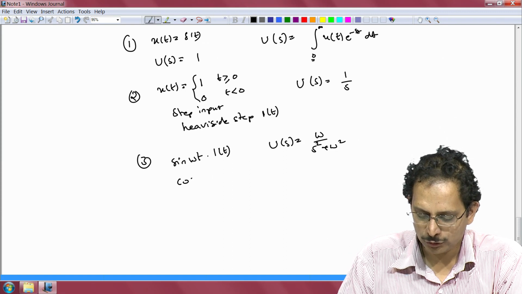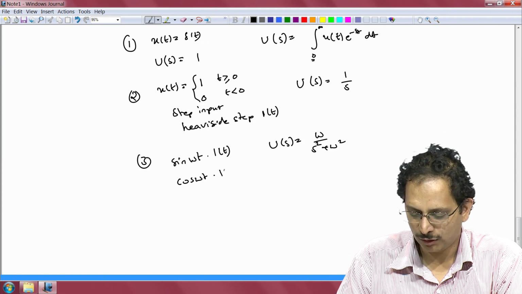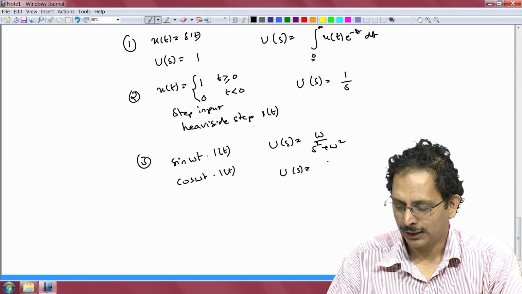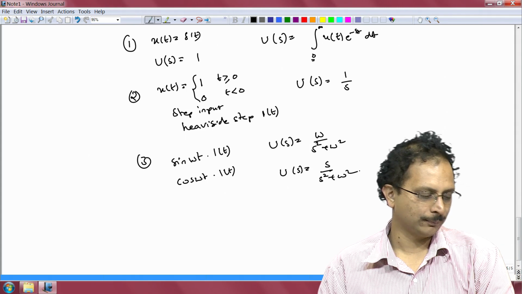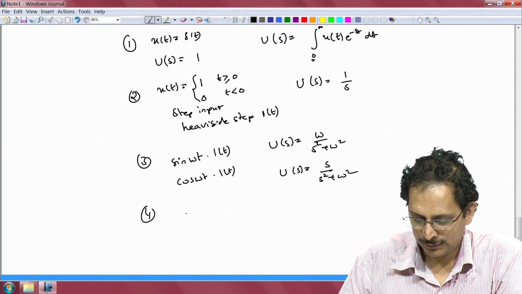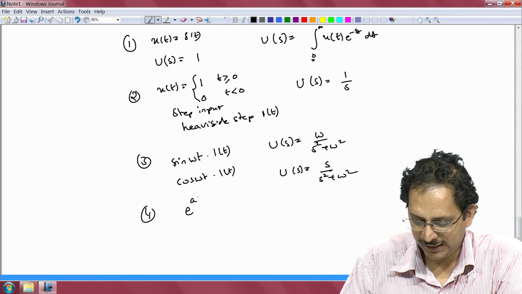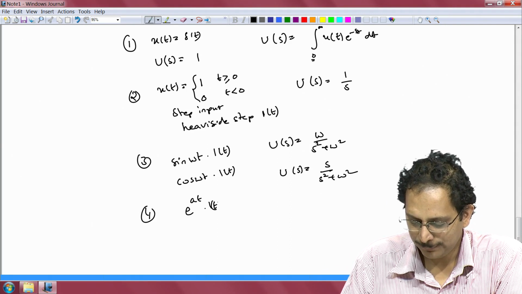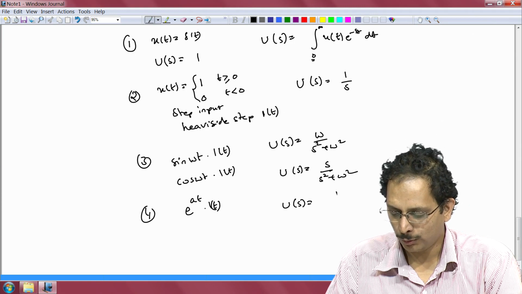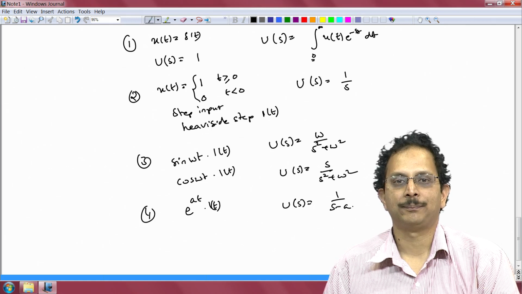Likewise, if you have cos omega t times 1 of t, u of s can be shown to be equal to s by s square plus omega square. How about exponential functions? So, if I have e to the power a t times 1 of t, I can show that u of s is equal to 1 by s minus a.